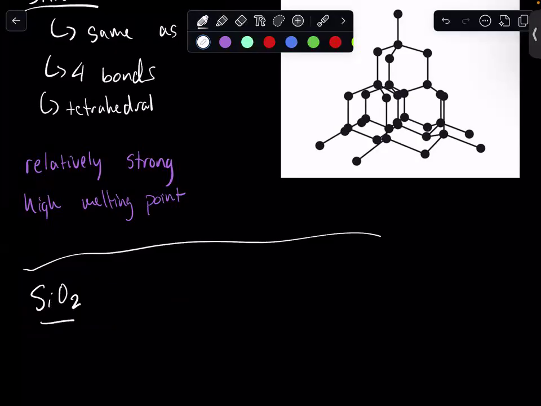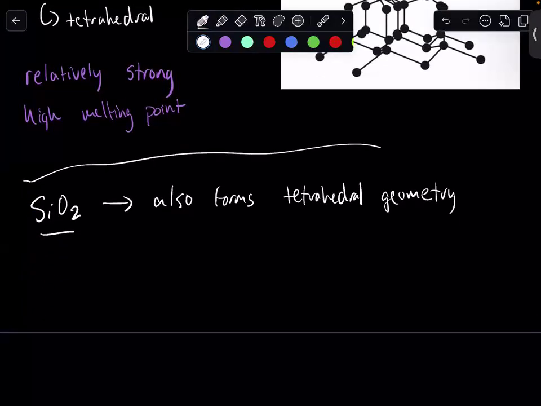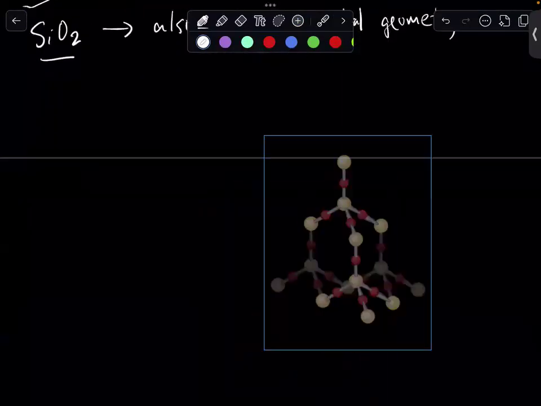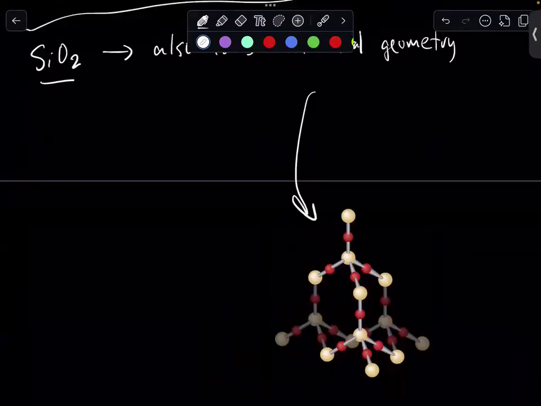Turns out it also forms tetrahedral geometry, but it does it a little different. When we look at covalent networks of silicon dioxide, it does it with a little extra. So we get this almost expanded tetrahedral covalent network structure where we have silicon connected by oxygen, connected by silicon, connected by oxygen, connected by silicon.